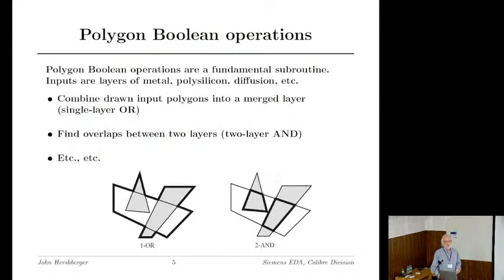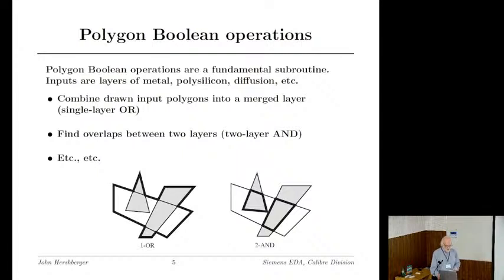The particular problem that I'm talking about is a useful subroutine in the verification system, polygon Boolean operations. For these operations, the inputs are layers of metal, polysilicon, diffusion, the different things that make up an integrated circuit, and you want to do some operation on those inputs.